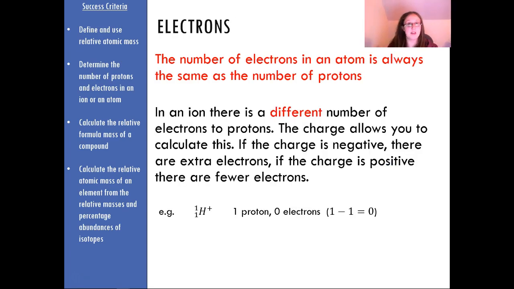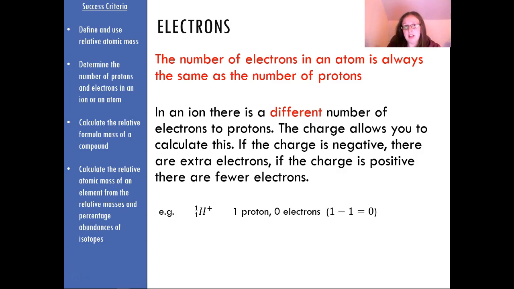Okay, next up is the number of electrons. So we've done protons, neutrons, electrons, the other fundamental thing inside our atoms. Now, for an atom, it's easy. In an atom, the number of electrons is always the same as the number of protons. Easy peasy. In an ion, you have a different number of electrons to protons.